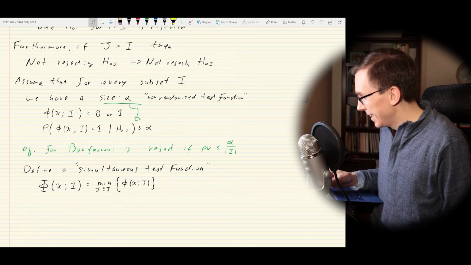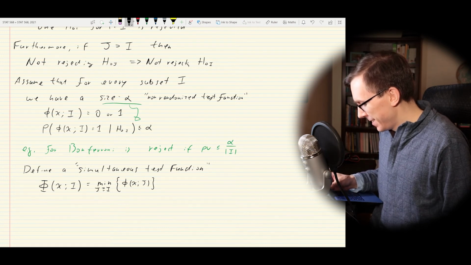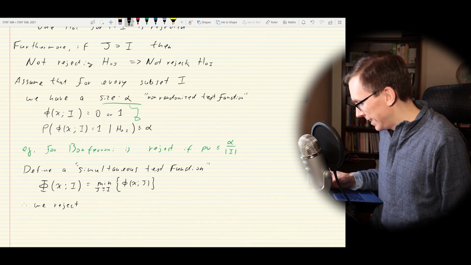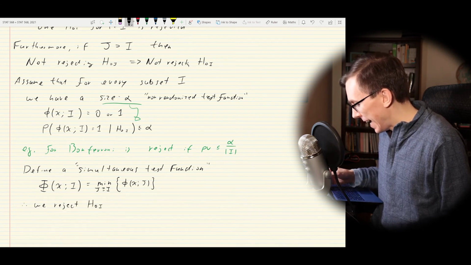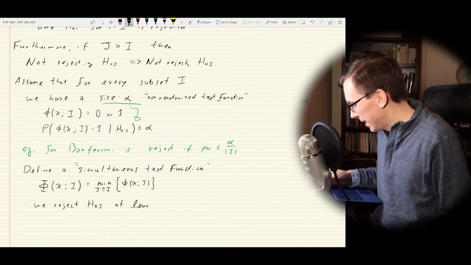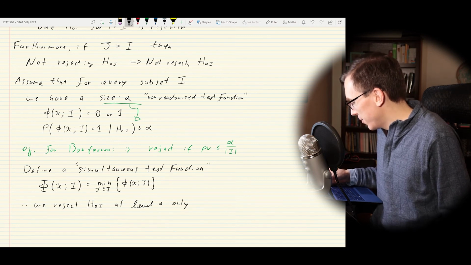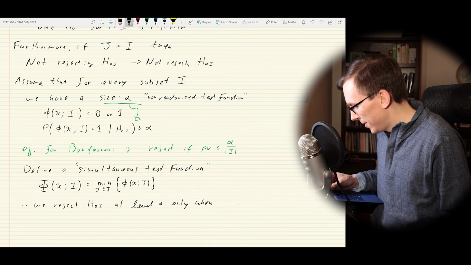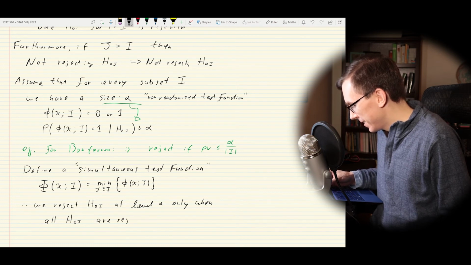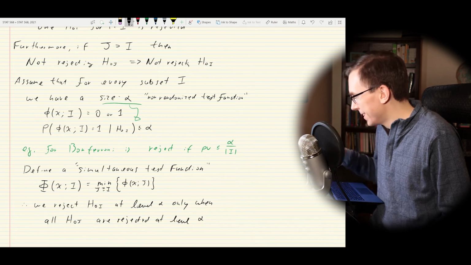It means that, therefore, we reject H naught I, capital I, at, we'll say, level alpha only when all H naught J are rejected at level alpha.